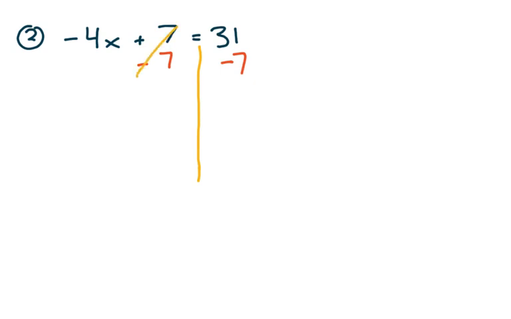So the positive 7 and negative 7 cancel out. So I get negative 4x on the left. 31 minus 7 is 24. To get rid of the times negative 4, I would divide each side by negative 4.